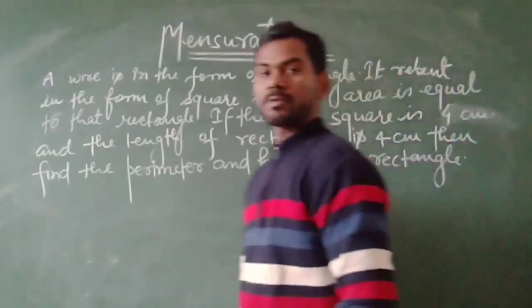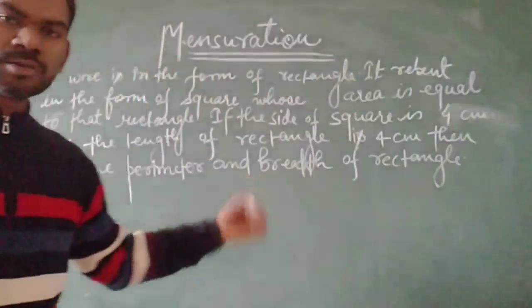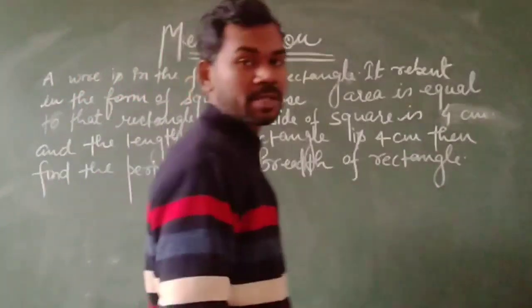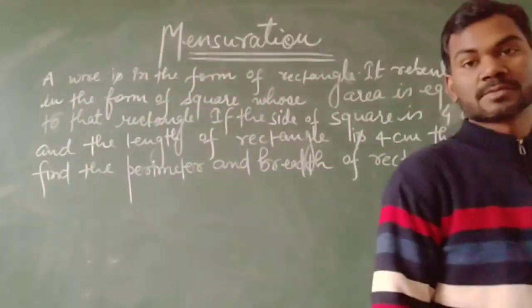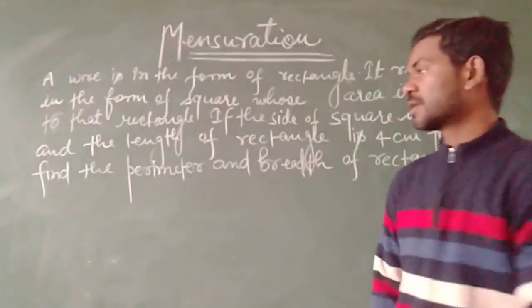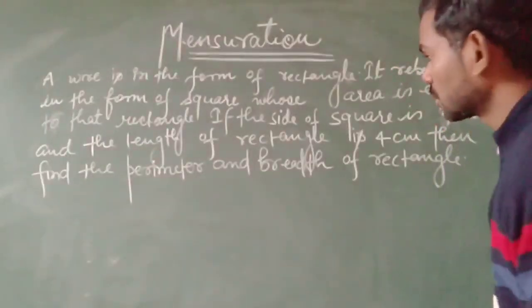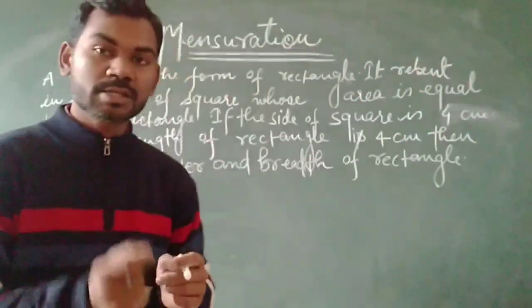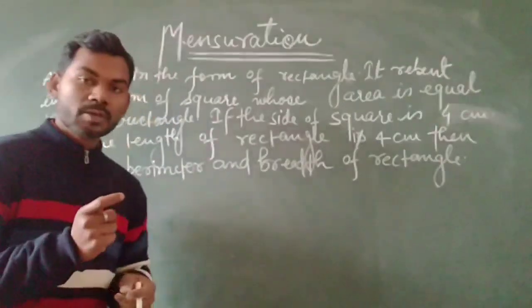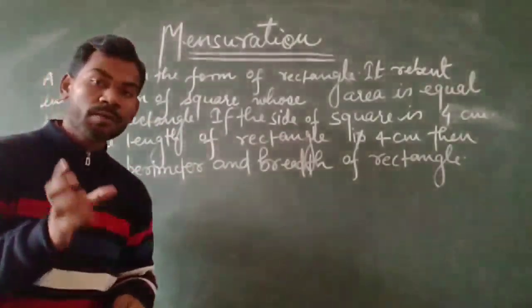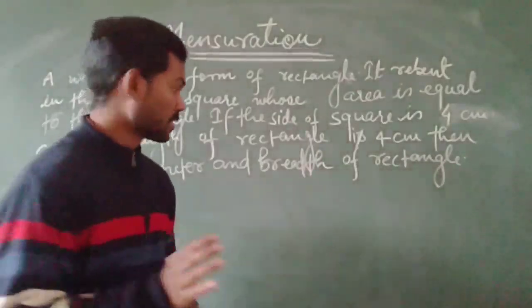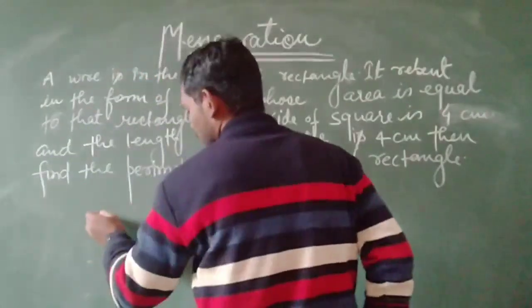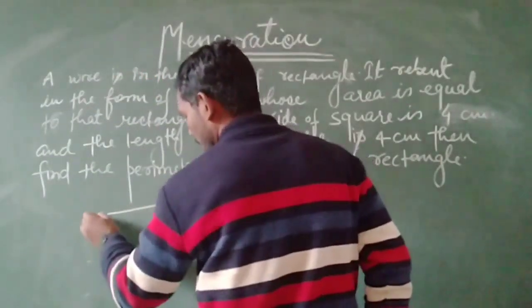So this is the given question. It looks lengthy, but the solution is very short. Just try to understand what the question is trying to say. The question says that there is a wire in the shape of a rectangle.